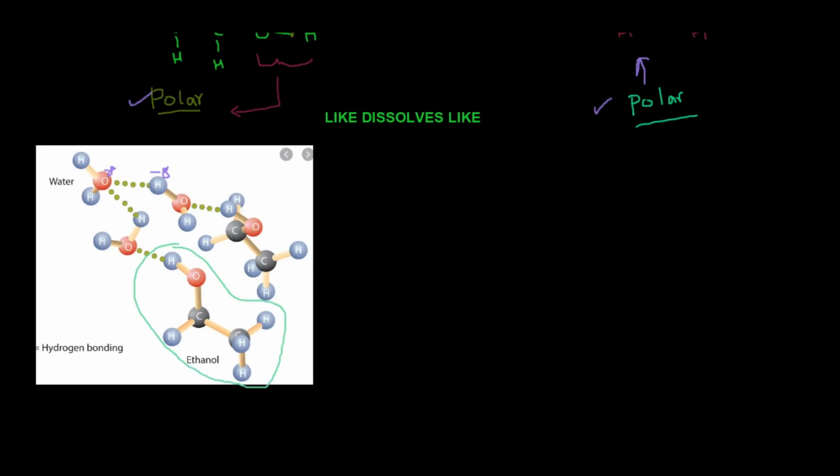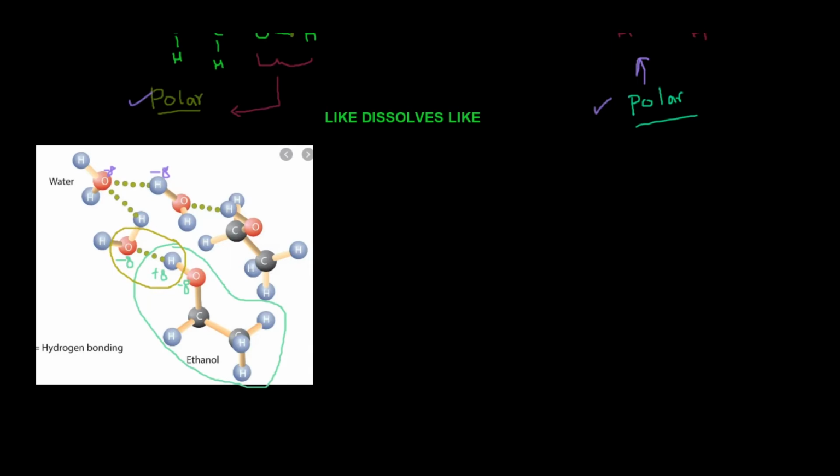As we have discussed, oxygen being electronegative will have a partial negative charge, and this would have a partial positive charge. Similarly, the water molecule's oxygen atom is partially negatively charged, so there will be forces of attraction between the oxygen atom of water and the hydrogen atom of ethanol.